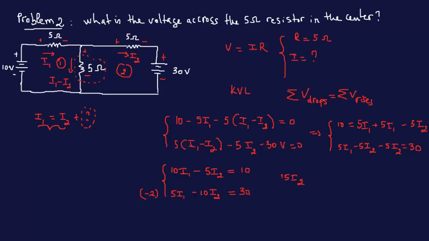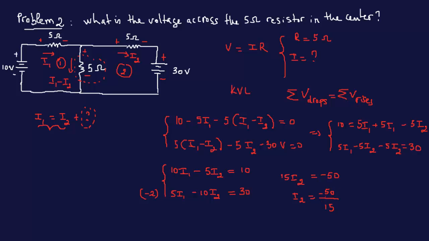10 minus 60, that's minus 50. So this is equal to minus 50. And therefore, I2 is equal to minus 50 over 15. And you guys can peer check me too, because I'm doing this live pretty much.